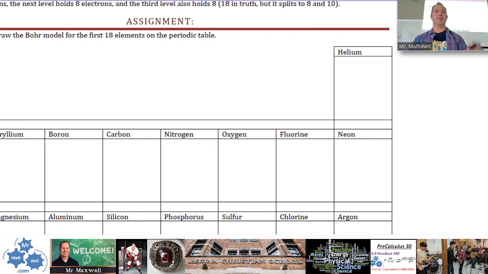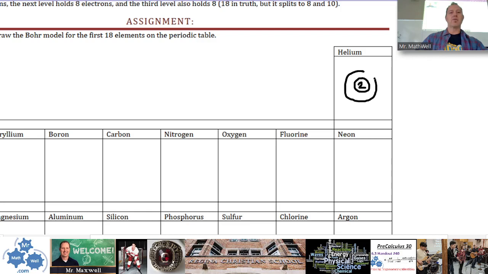How many protons? 2. Now, what we have to remember is that in the first ring, there can only be a maximum of 2 electrons. Where you put them doesn't really matter. Helium has exactly 2 electrons, so they fill up the first ring.